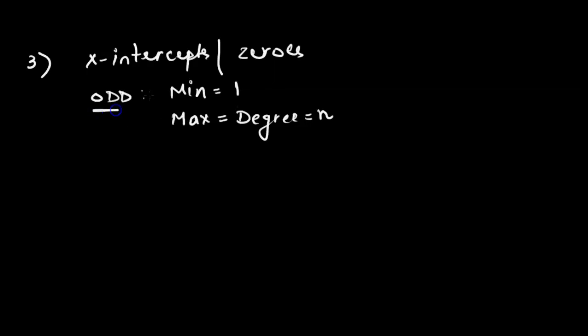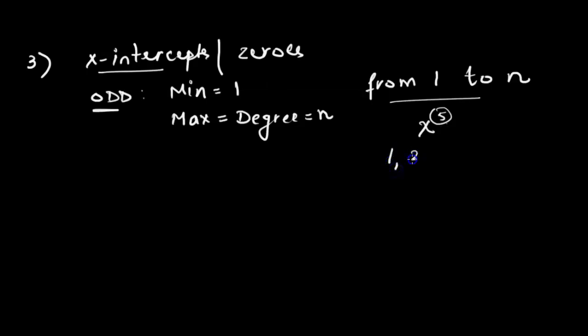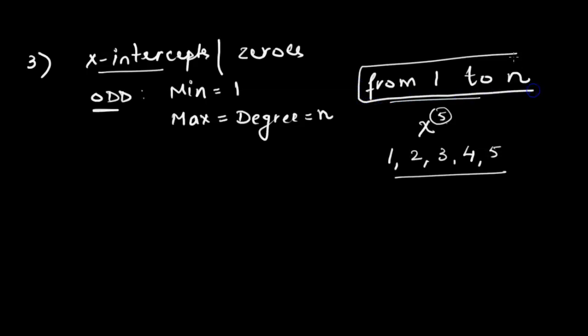Therefore, the general conclusion for x-intercepts for odd functions is that the number of x-intercepts will be from 1 to n. This means if the degree is 5, we see degree as odd. So it could have 1 x-intercept, 2 x-intercepts, 3 x-intercepts, 4 x-intercepts, or a maximum of 5 x-intercepts. That's why we write it from 1 to n. Now whether it is going to have 1, 2, 3, 4 or 5, that depends upon a specific question.